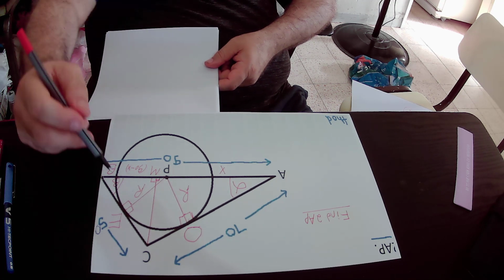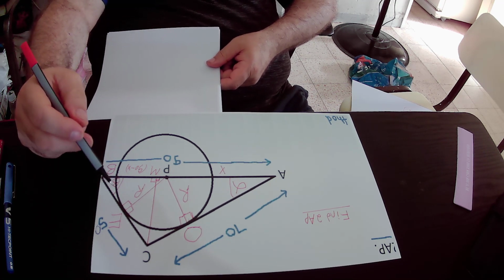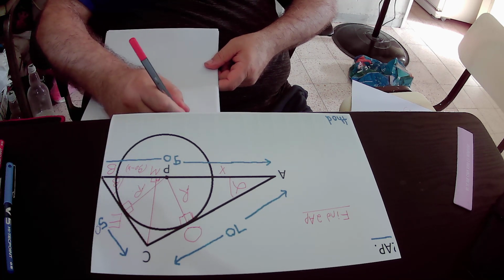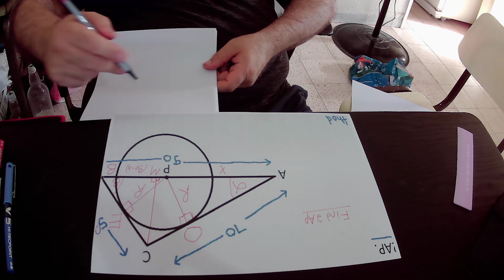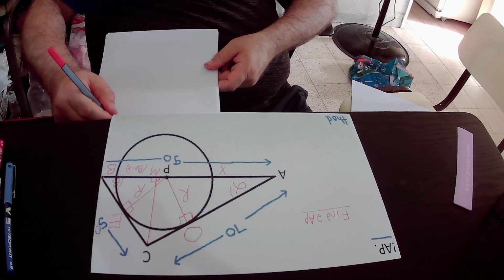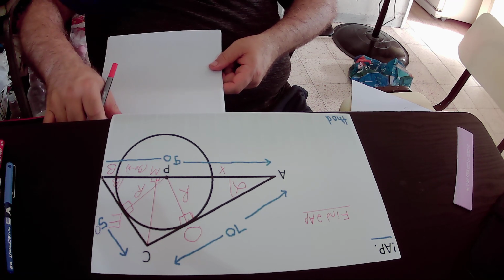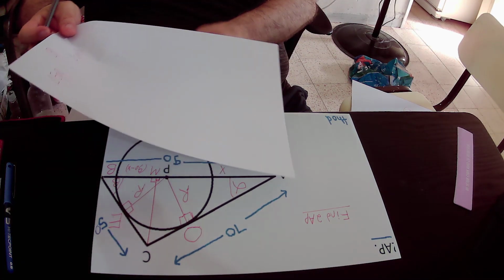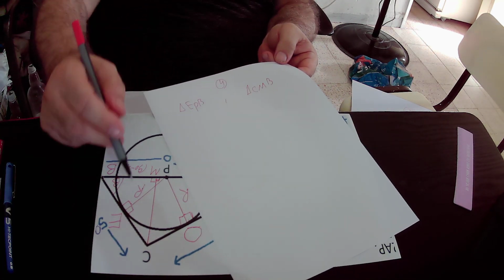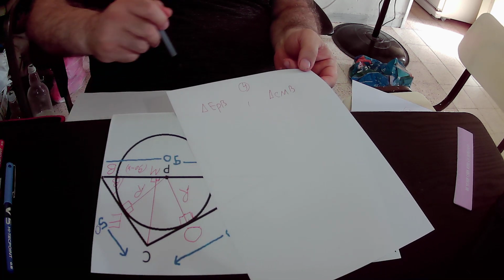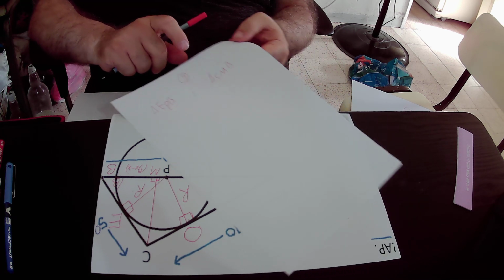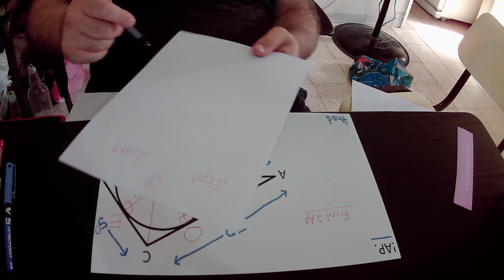The first right triangle that we will focus on is the right triangle EPB, and also we will focus on the right triangle CMB. So in those triangles, sine beta.